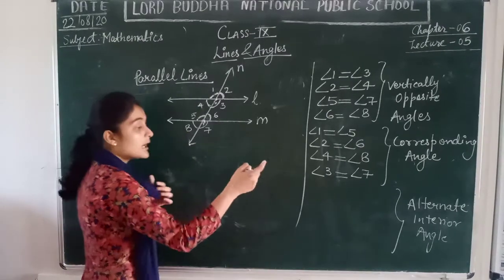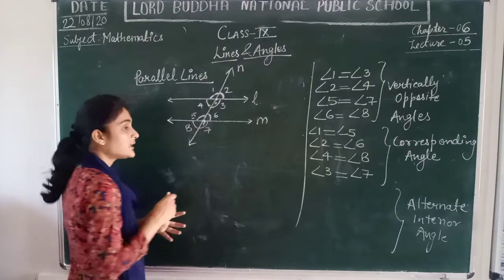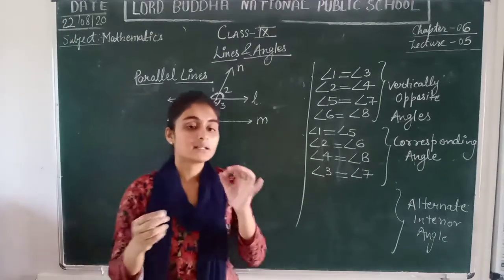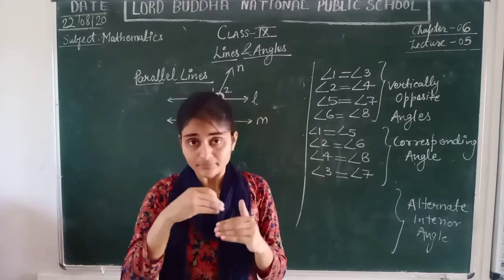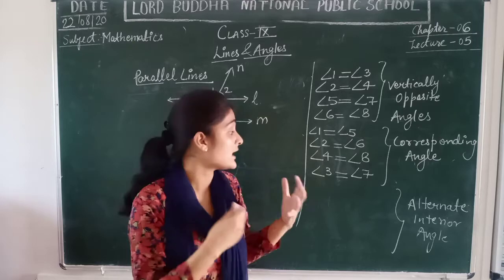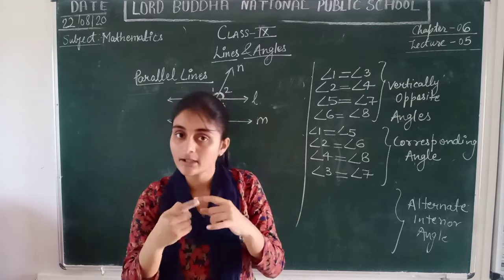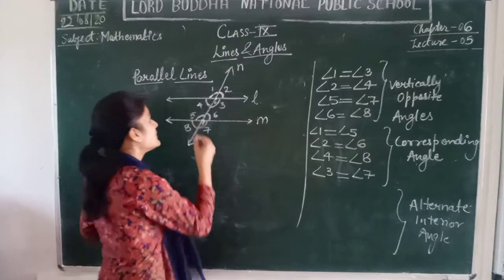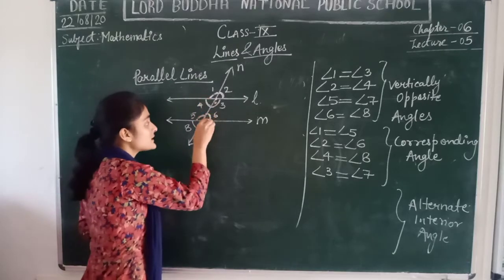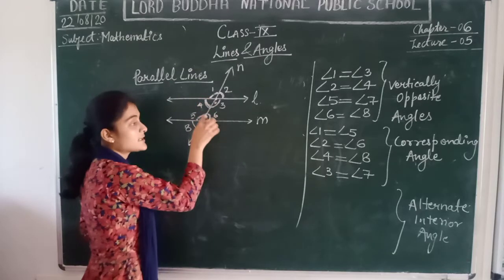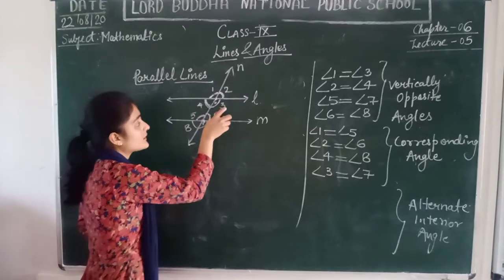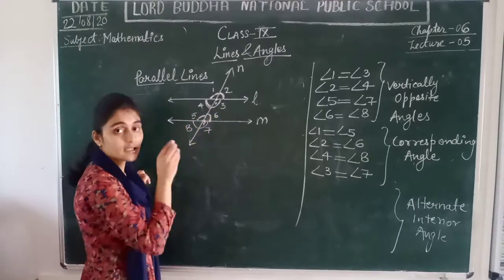Now, what are alternate interior angles? Alternate, as the word resembles, denotes alternate position. That means you skip one and you get the next one, right? Like 4 alternates with 6. The positions of 4 and 6 are alternate. Again, angle 3 and 5 are at alternate positions.